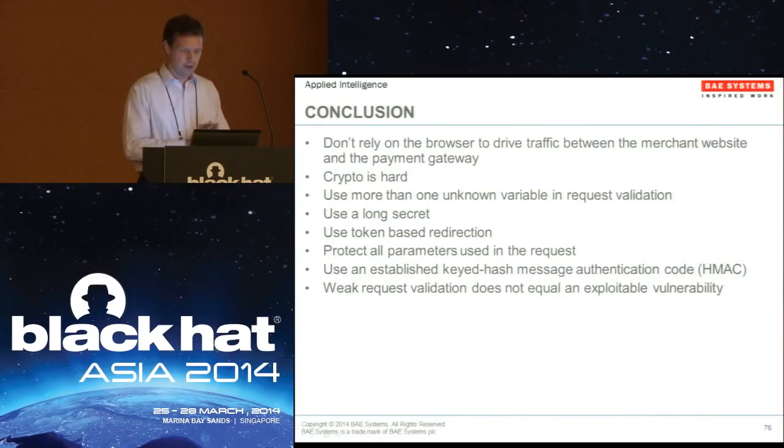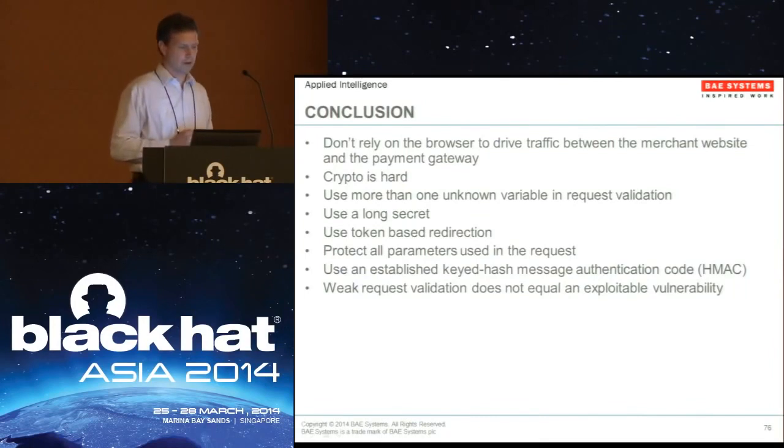In conclusion, don't rely on the browser to drive traffic between the merchant website and the payment gateway. Crypto is pretty hard. You can either use more than one unknown variable in request validation or use a long secret, or even better, use token-based redirection so that the browser never touches any of the transactional details.